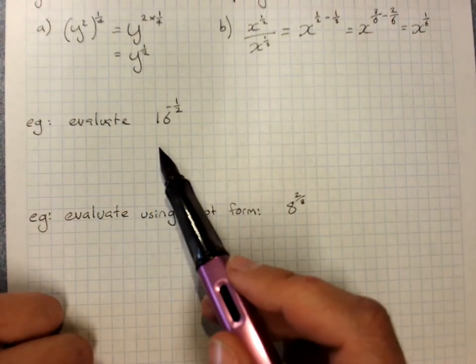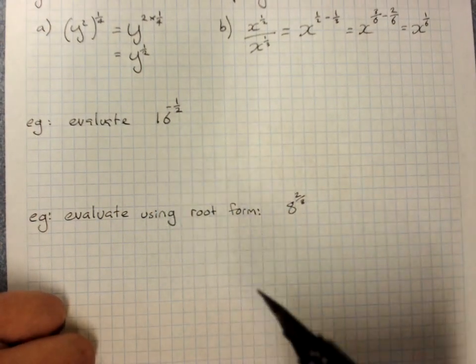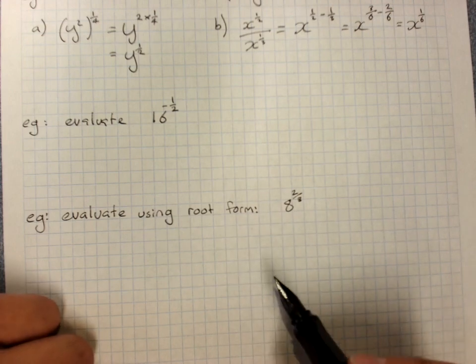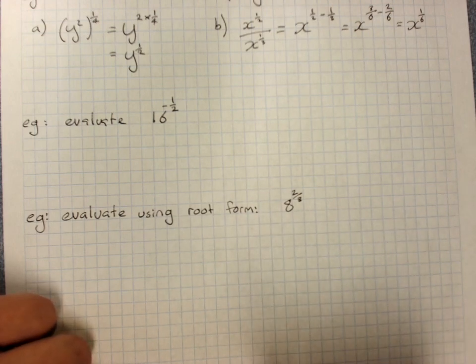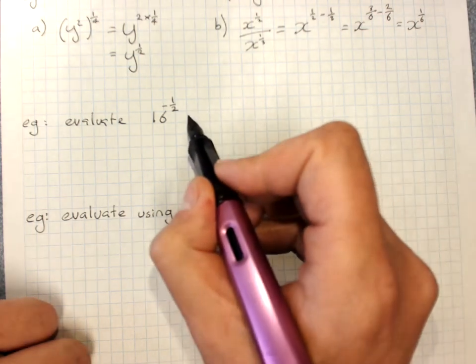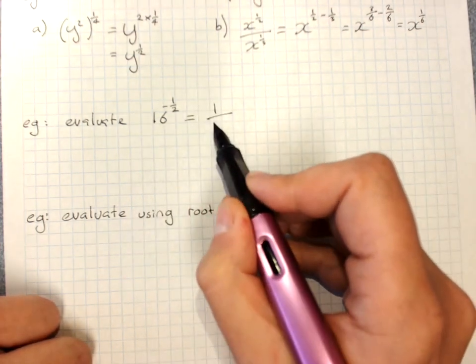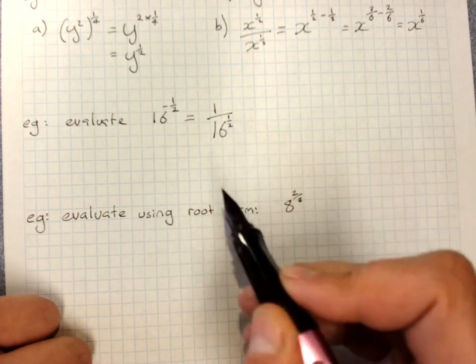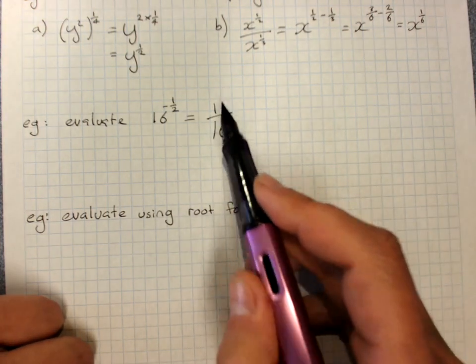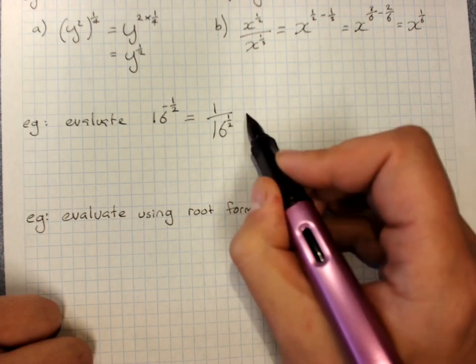Asking us to evaluate a negative fractional index, it is almost always going to be easier when you have a negative power to change it to a positive power by taking the positive reciprocal. Now I have 1 over 16 to the 1/2.